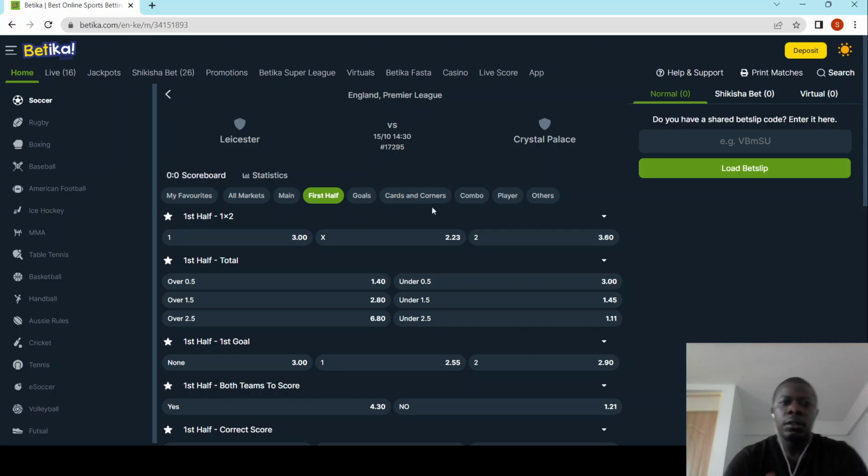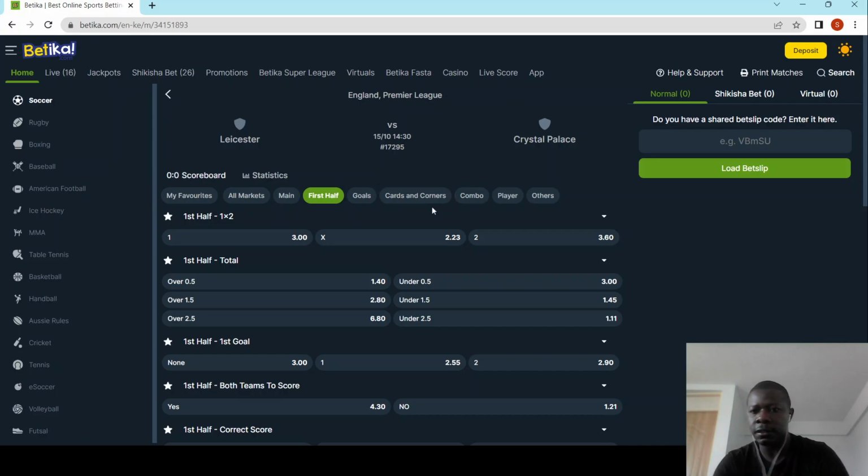Now, you can bet on an outcome of a football match. Football matches usually have a first half, then people go for a 15 minute break, then the second half. So at times you will find a team is trailing in the first half, and in the second half they score more goals and win.